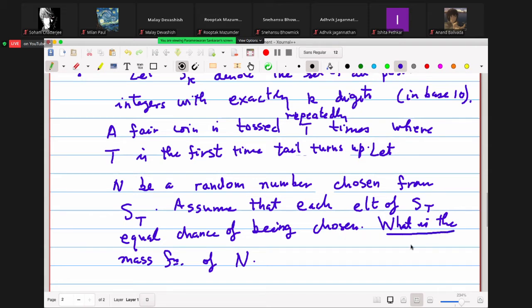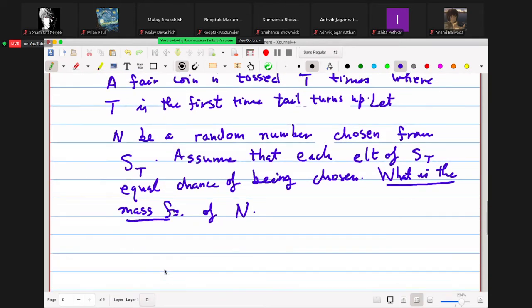The only thing you need to find is the mass function of N. So you just apply the definition. The mass function f_N of little n is equal to the probability that N equals n.